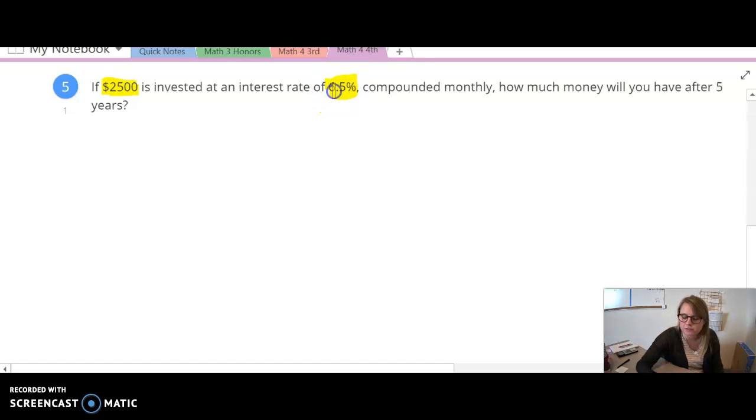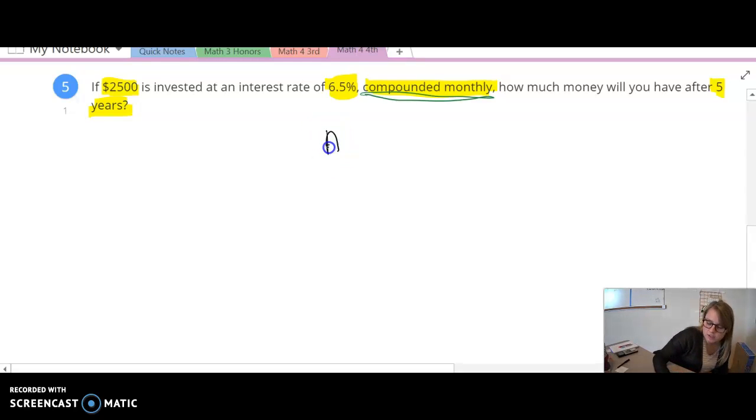Then 6.5% compounded monthly, and how much money will I have after 5 years? Because of that compounded monthly, I am going to use the equation A equals P times 1 plus R over N, to the N times T.